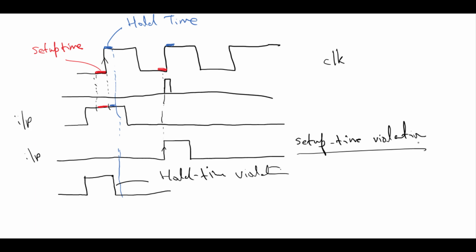Another issue that sequential machines face is they must satisfy another condition which is known as clock skew. First thing is the skew is a measure of asymmetry. Asymmetry is opposite of symmetry.